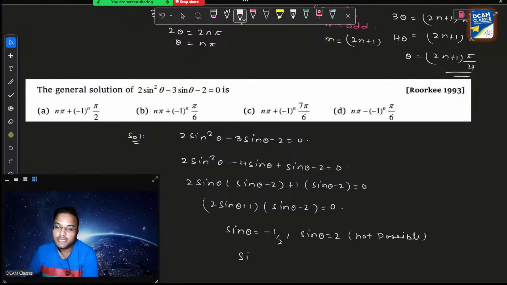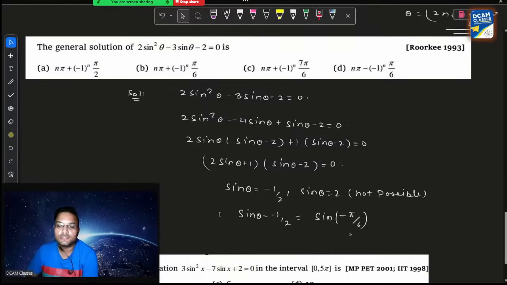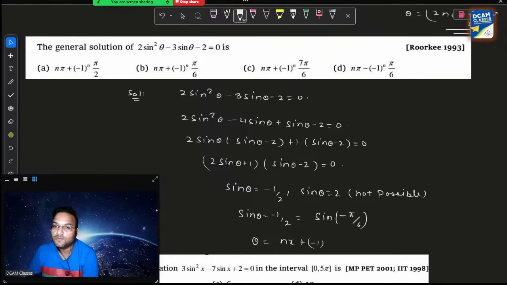So you'll take sine theta is equal to minus half, which you can write as sine of minus pi by 6. Now the solution is simple. Theta is equal to n pi plus (minus 1) whole power n into minus pi by 6, which you can write as n pi plus (minus 1) whole power n plus 1 into pi by 6. That's why your answer is D.